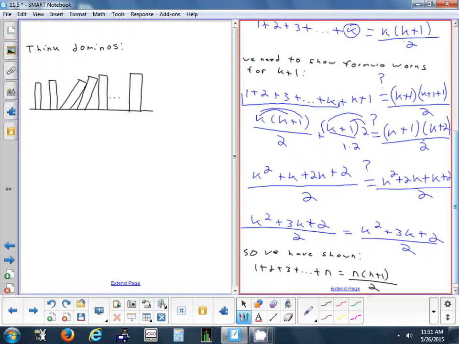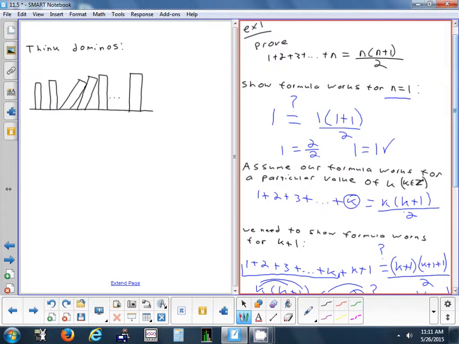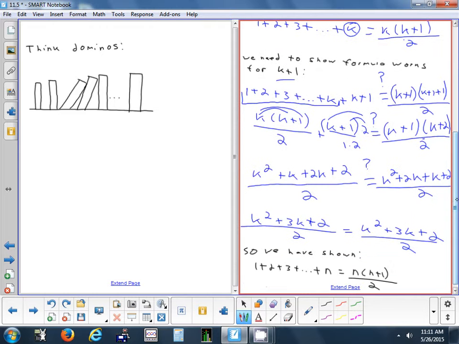So what we just showed is that the formula will work for the one after k. So now, if you have a number that you know it already works for, which we do, the base case, we just showed that the formula will always work for the one after that one. Okay? We know it works for 1 and the one after 1.